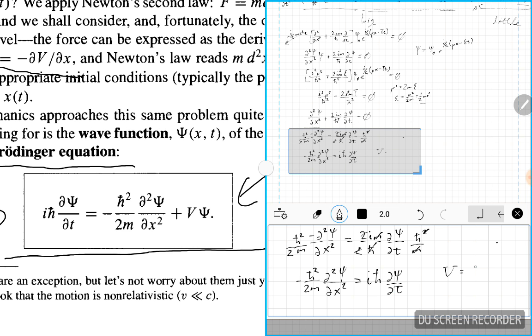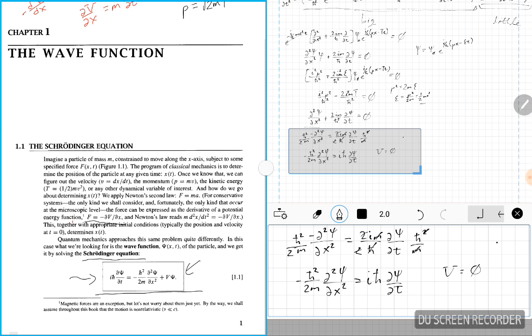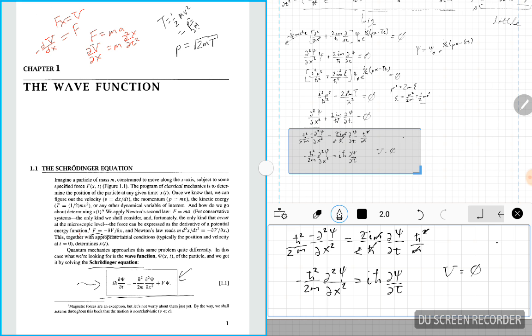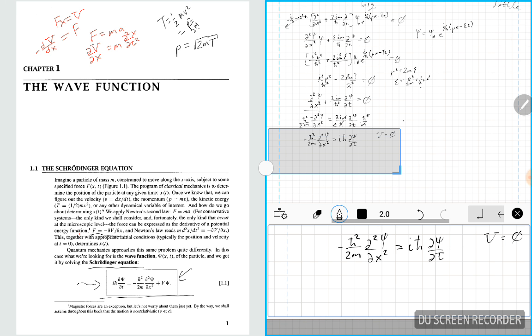And my potential energy in this case is 0, but it's a little bit of an explanation for where that comes from. So hopefully that was helpful to somebody.